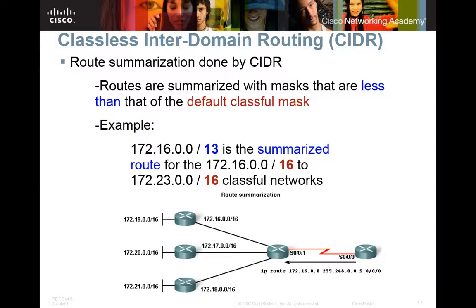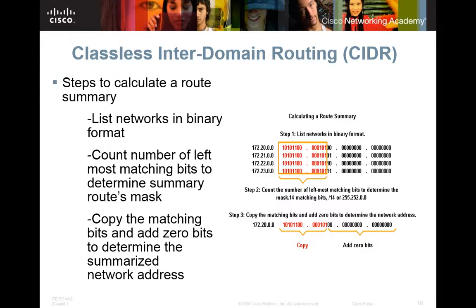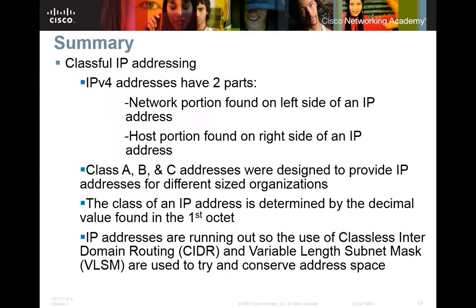Instead of having to guess it, it does it for you. All right. Steps to calculate a route. Count the number of matching bits on the left to determine the summary route's mask. Then it copies the bits and adds zeros to the rest of it to give you an idea of what it's going to be. Any questions?